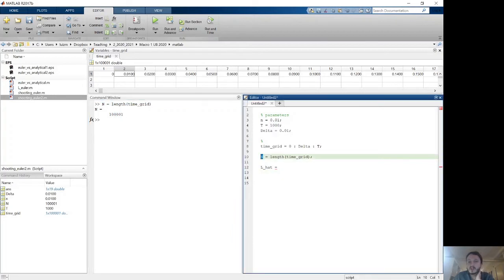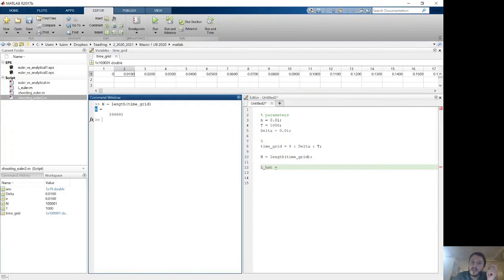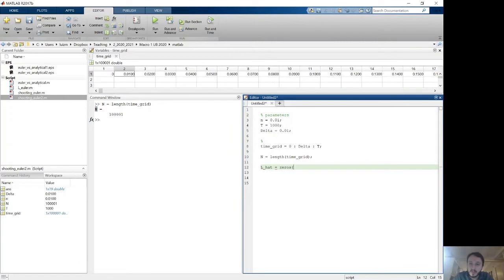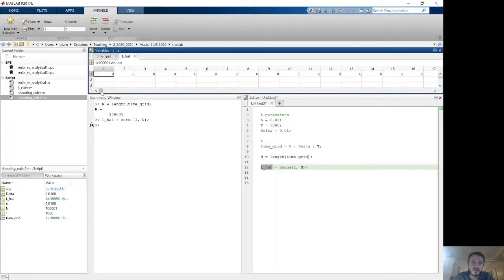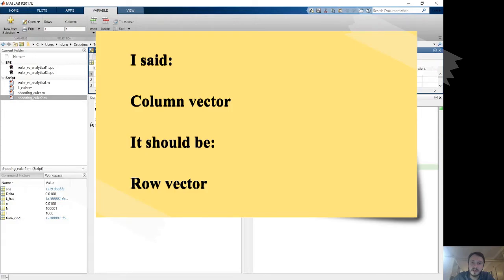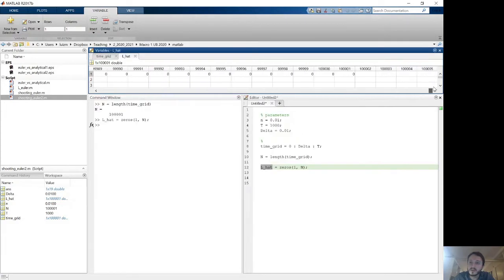I want to create a vector L hat that has one row and big N columns. So I can write zeros, 1, comma, N. If I run this, I click F9, I have the variable defined, I can open it, and then I have a vector that has all entries equal to 0.